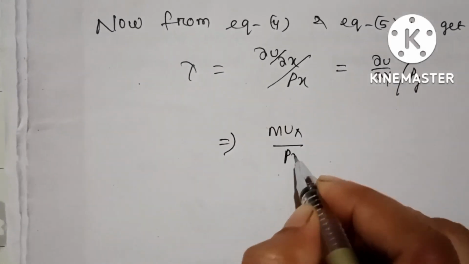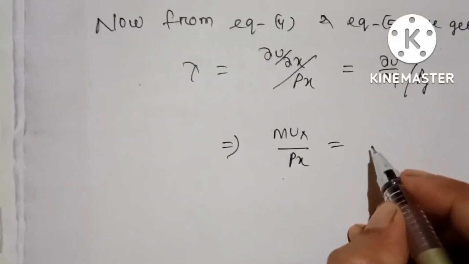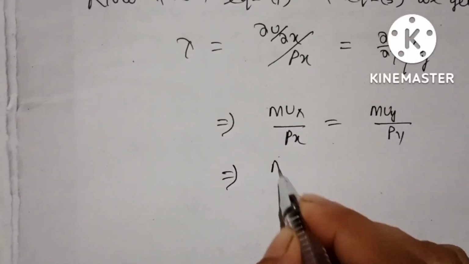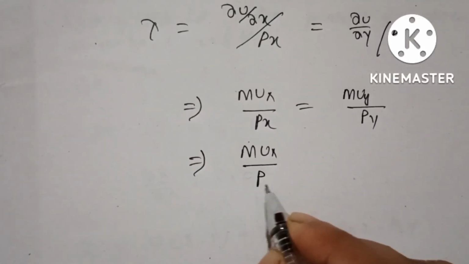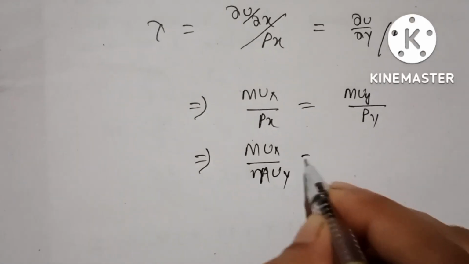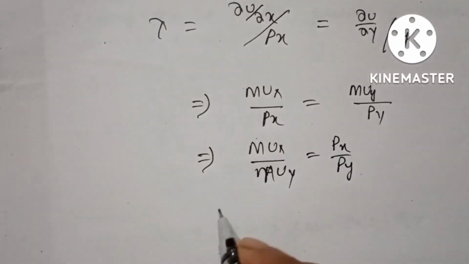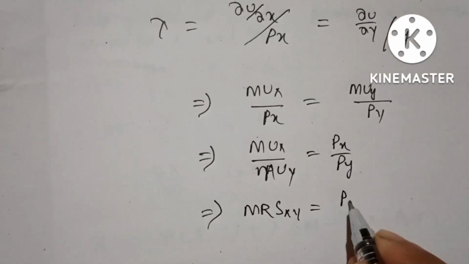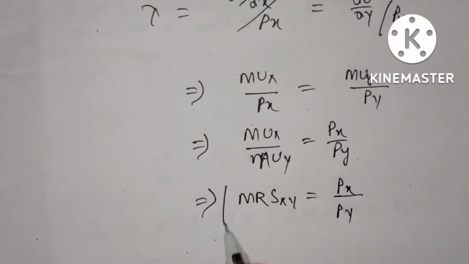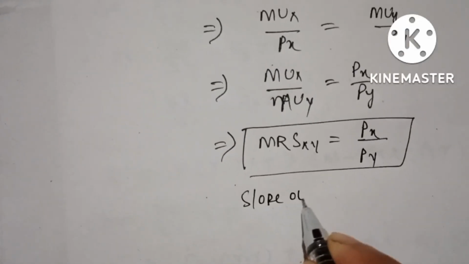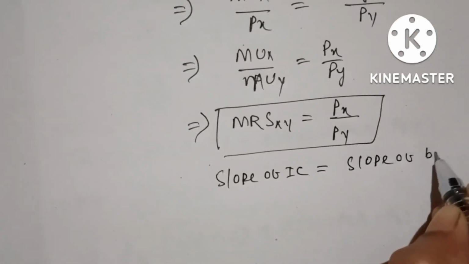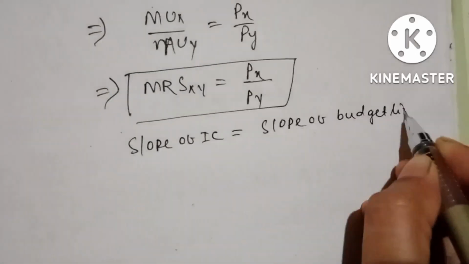So MUx by Px is equal to MUy by Py, or we can write MUx by MUy equal to Px by Py, or this is nothing but your MRS xy equal to Px by Py. What is this? This is the slope of the indifference curve equal to the slope of the budget line.